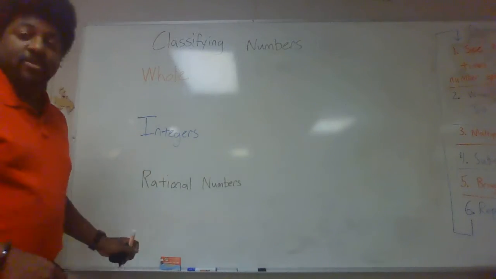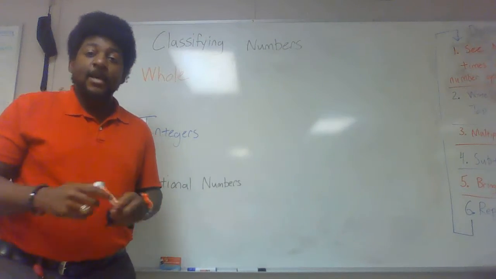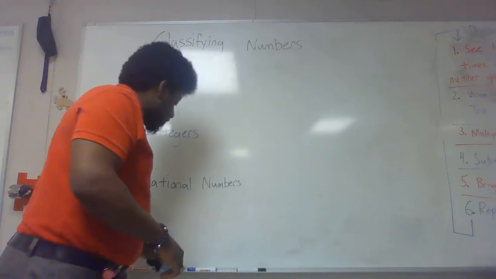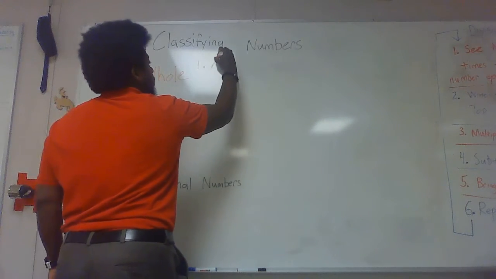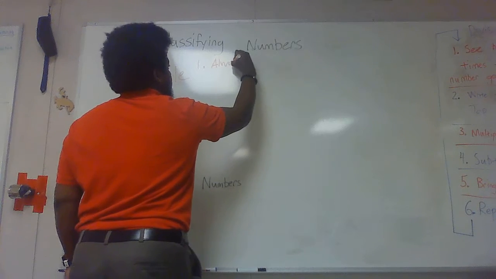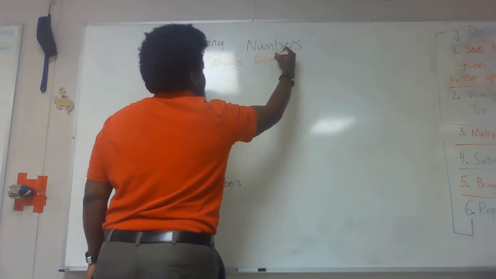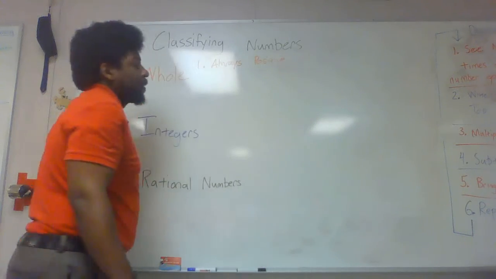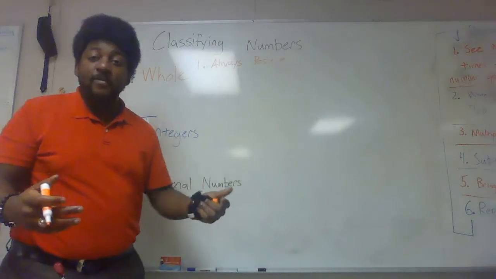First off, whole numbers are your regular counting numbers. Your whole numbers are numbers like 1, 2, 3, 4, 5, 6, 7, 8. Whole numbers, a rule that goes with those, they are always positive. So we talked about the mirror image, the negative numbers are the mirror image of positive numbers.